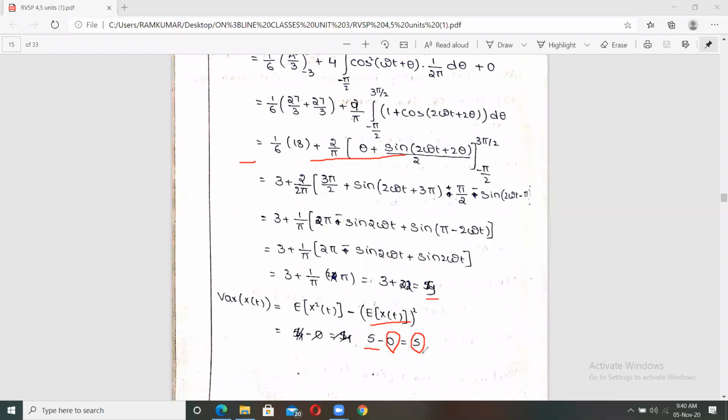All these problems are different models, but not so difficult if you practice these problems. You have to practice all these problems.